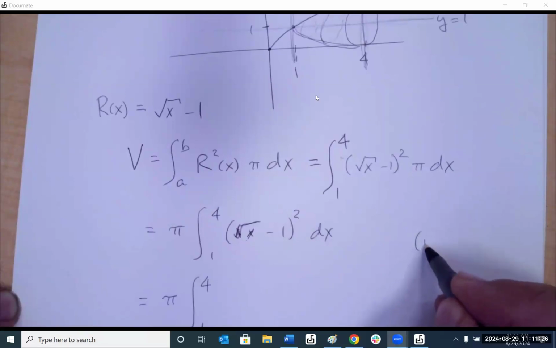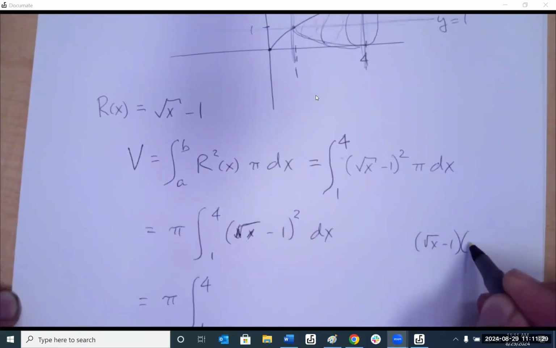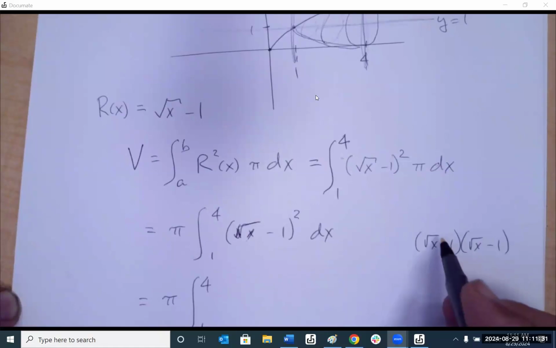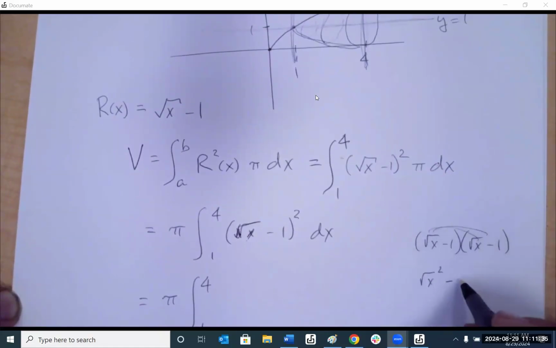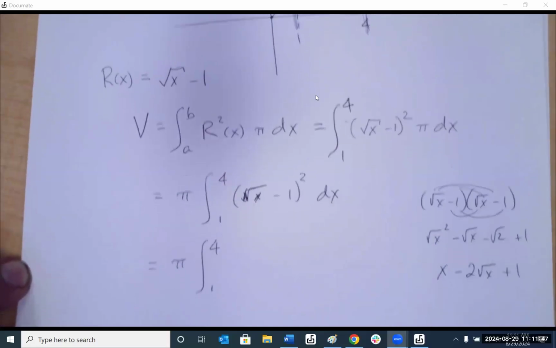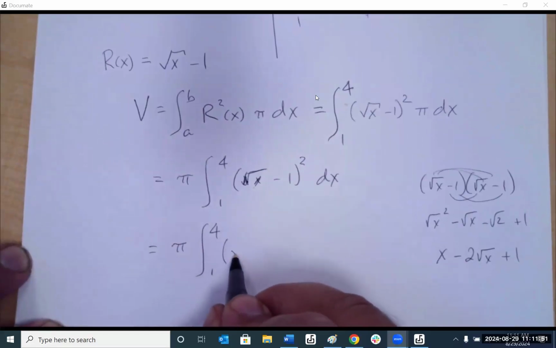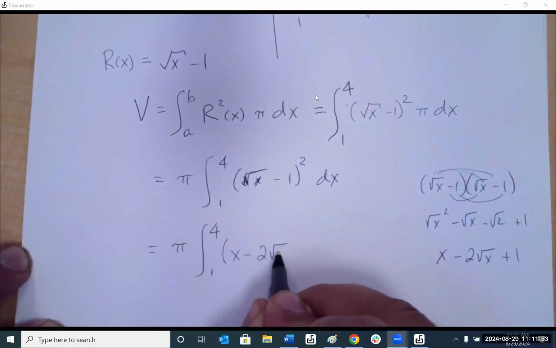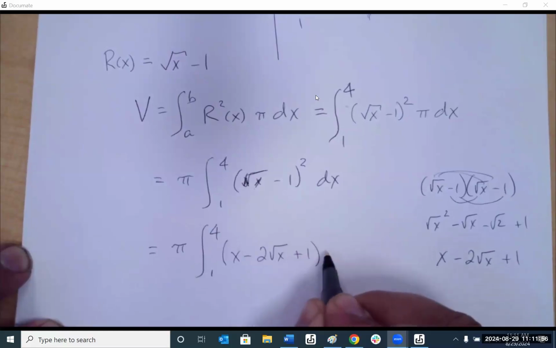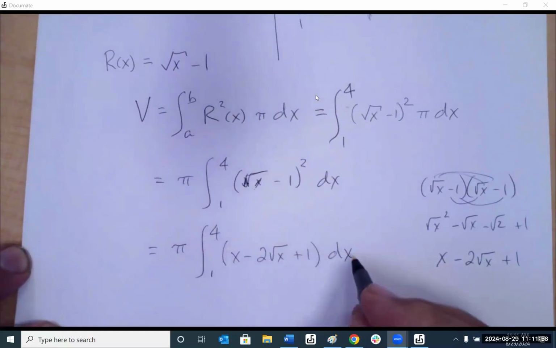So this one becomes square root of x minus 1 times square root of x minus 1, which is square root of x squared minus square root of x minus square root of x plus 1. So it's x minus 2 square root of x plus 1. X minus 2 radical x plus 1 dx.